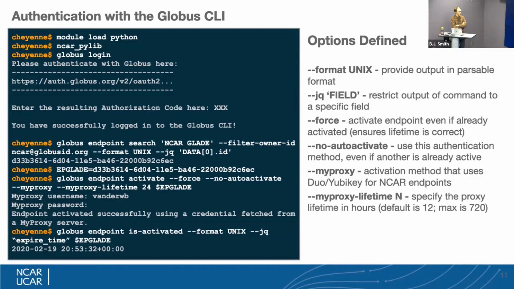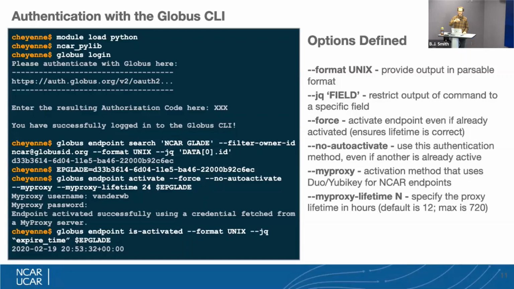There are two other options I'm using here, this format Unix and this basically JMESPath query. And I'm doing that because the only field that I want here is the ID of the endpoint. By default, it will give you a list of information, and it will format it in a very pretty text way.